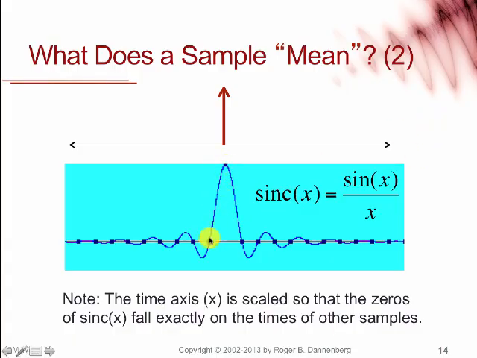It's actually a pretty big, complicated function called a sinc function. It's mathematically sine of x divided by x, where x is the displacement from the sample, and x is 0 at the sample point. So, of course, that raises the problem: what's sine of 0 divided by 0? In fact, there is an answer.